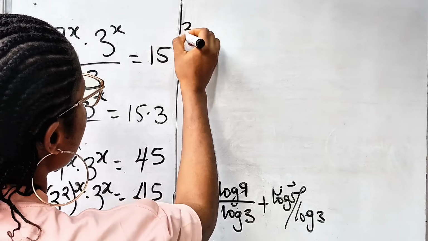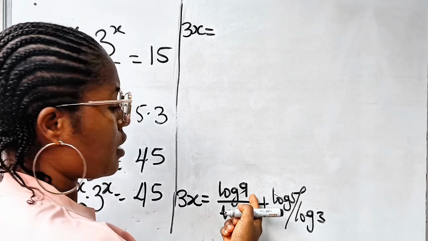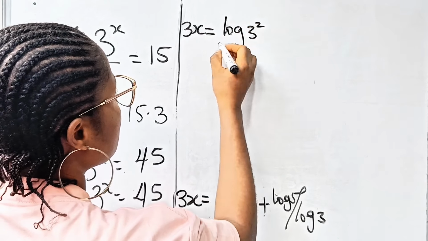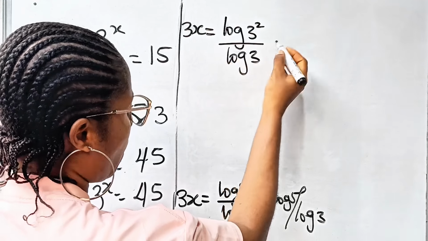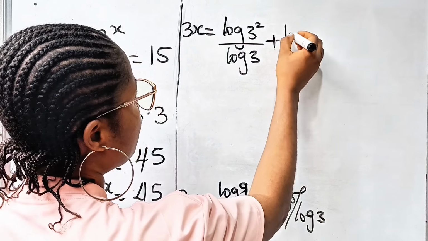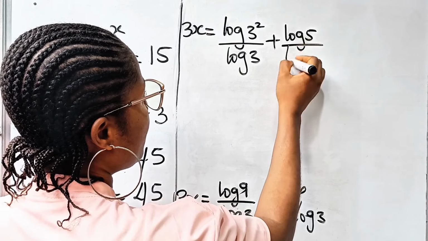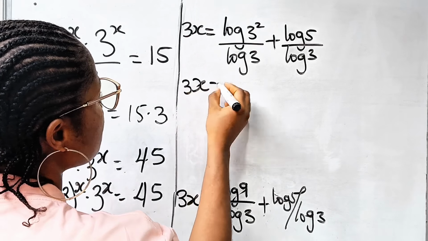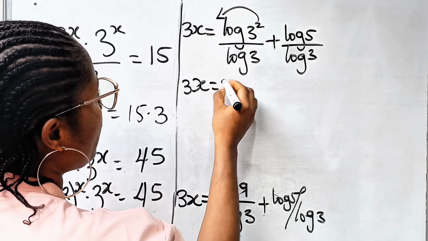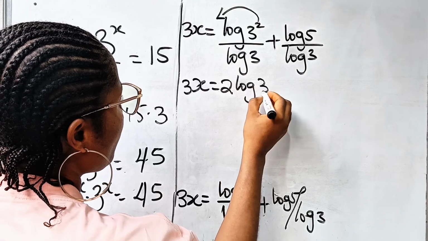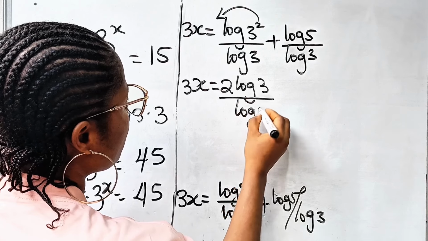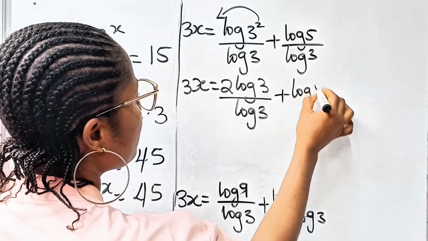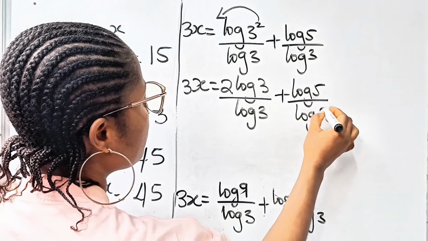So, we have 3x is equal to log 9 over log 3, where 9 is 3 to the power of 2. So we have log 3 squared divided by log 3 plus log 5 divided by log 3. Now, 3x is equal to, this 2 comes down, and we have 2 log 3 divided by log 3 plus log 5 divided by log 3.